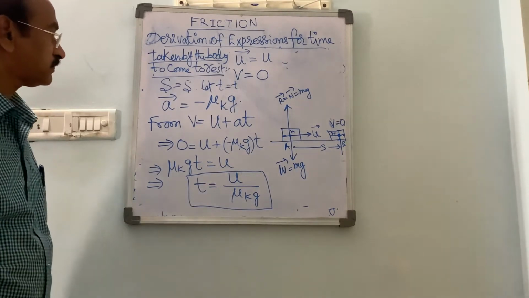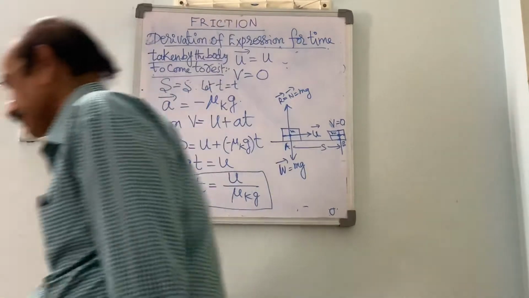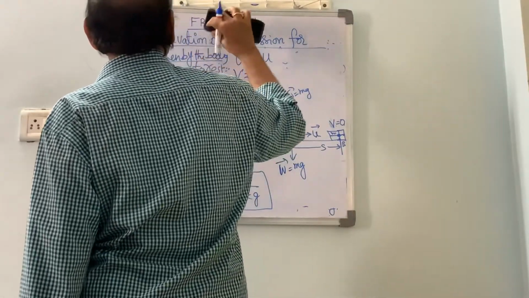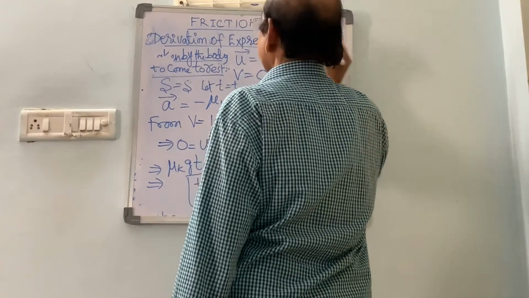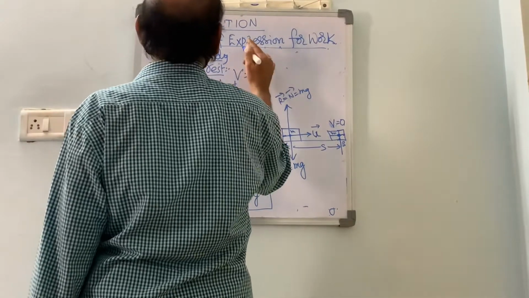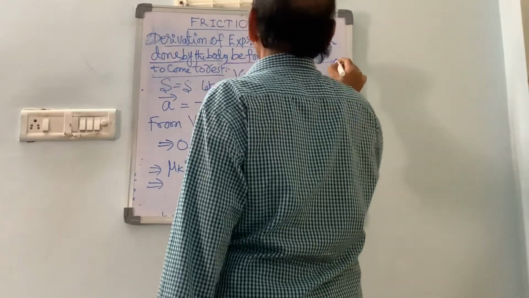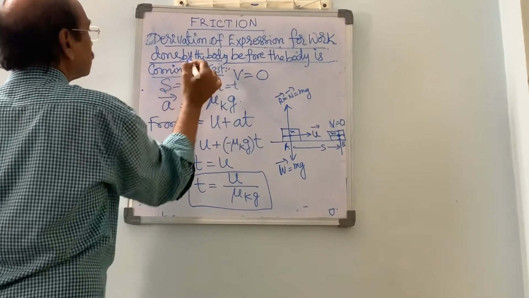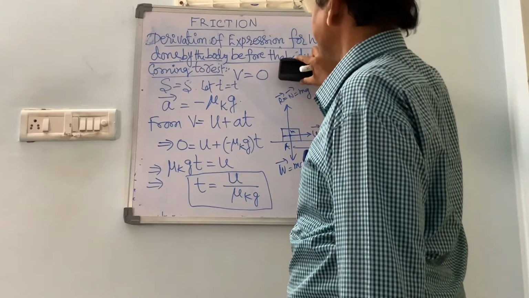Now we derive the expression for work done by the body before coming to rest. We know that work is the scalar product of force and displacement.